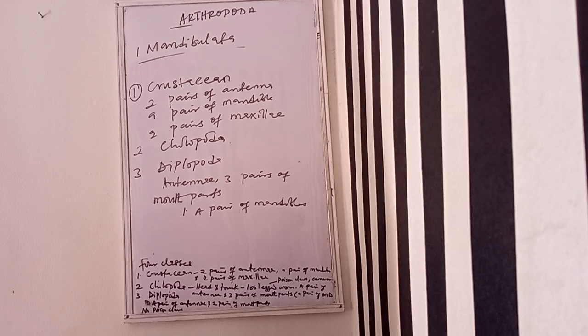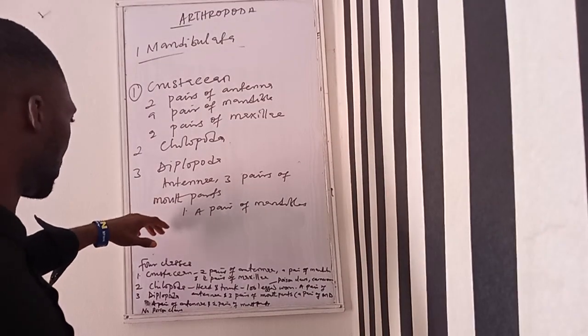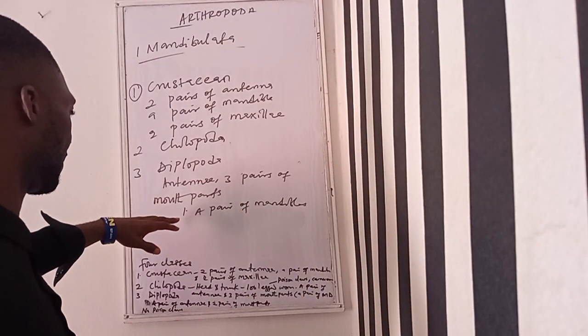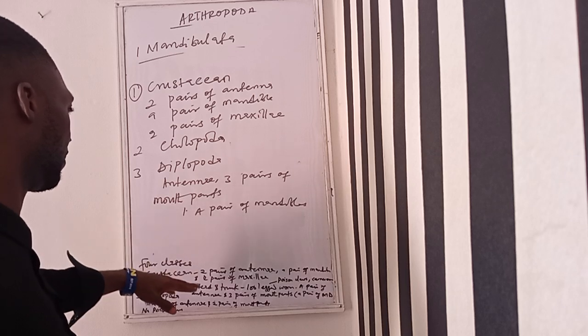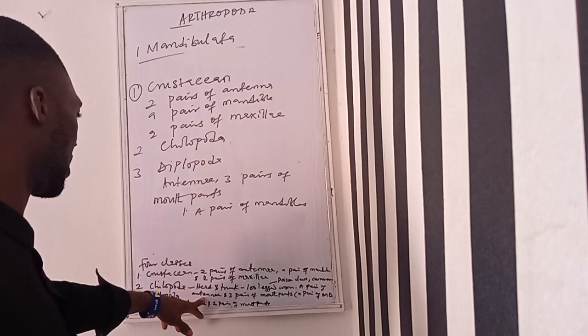Oh, okay. I think there's a mistake somewhere. A pair of antenna, that is Chilopoda, a pair of antenna, three pairs of mouth parts.